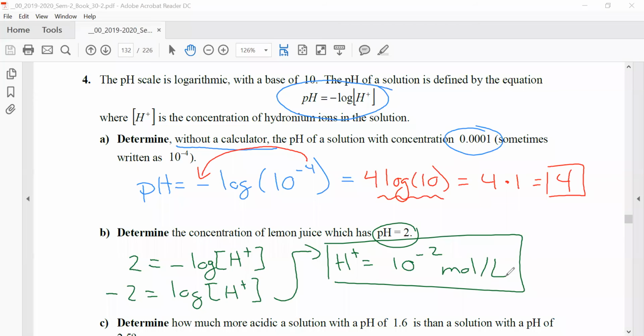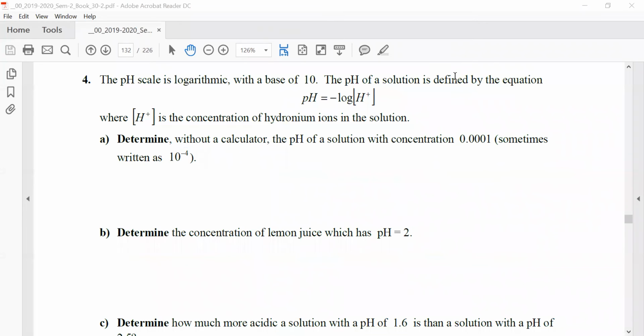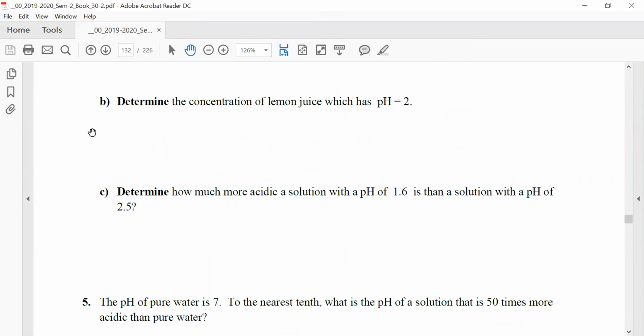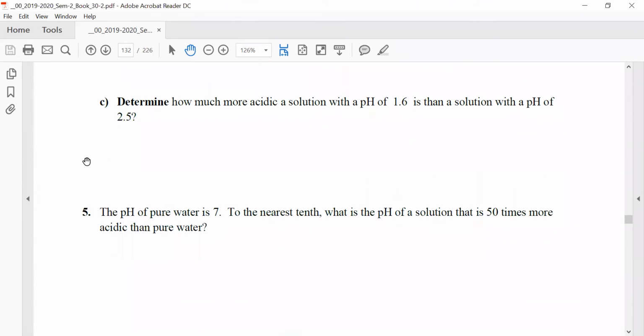Now let's get into the question that Math 30-2 probably cares more about, comparing a couple of these things. How much more acidic is a solution of pH 1.6 than a solution of pH 2.5? On this one, I do the same thing I did before with the earthquakes. Here's my first pH.